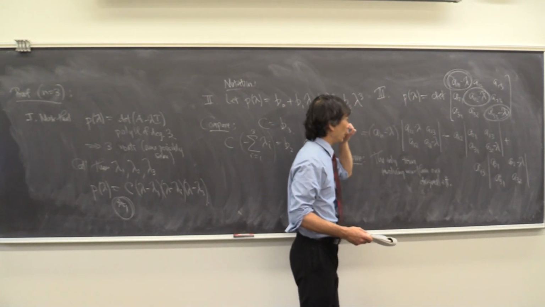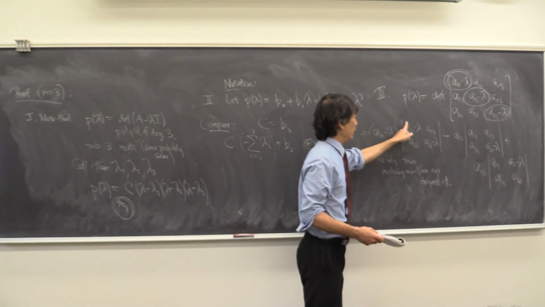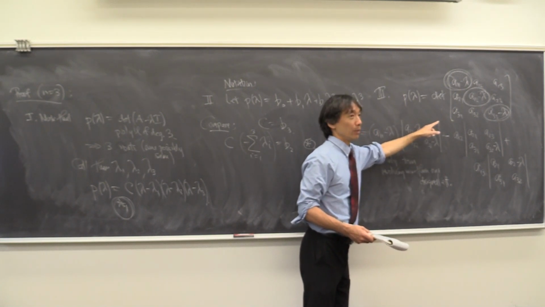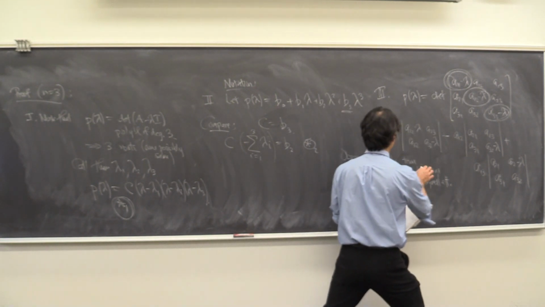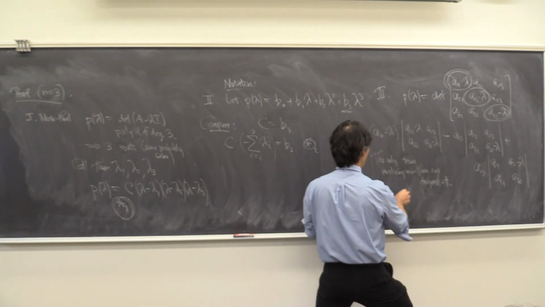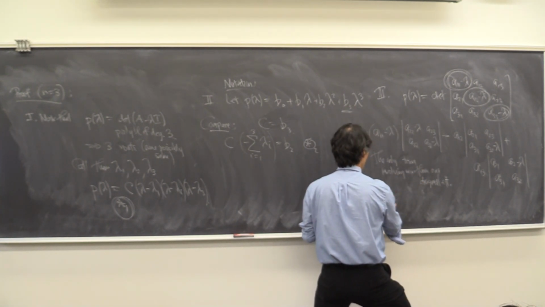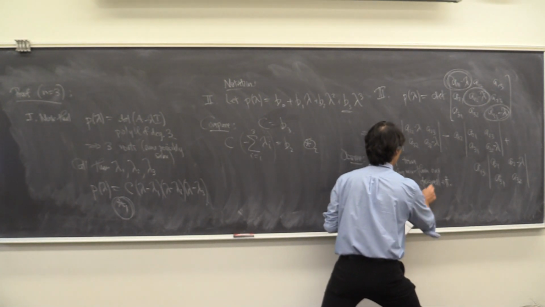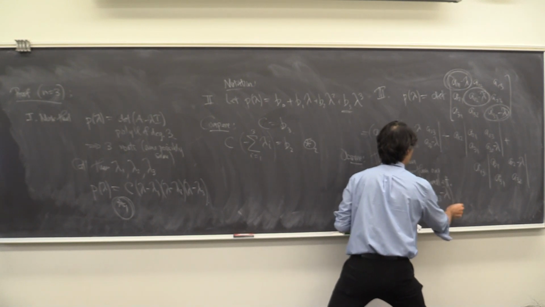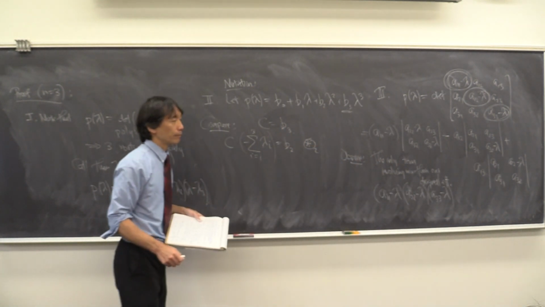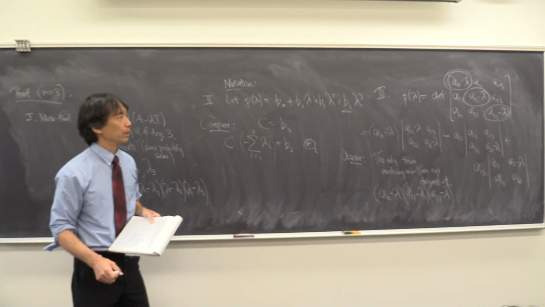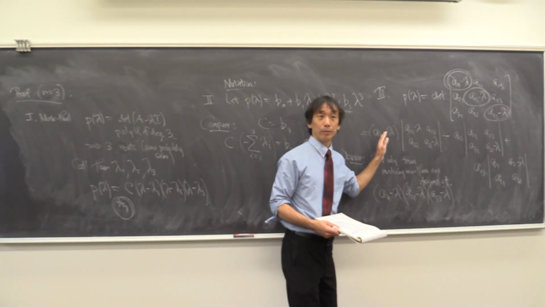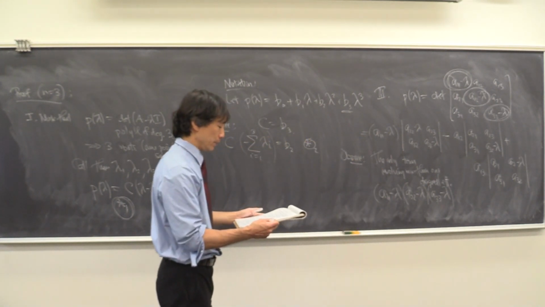The only way you can get more than one diagonal term is this first thing here, this guy times this thing. So when we expand this all out, the only term that involves more than one diagonal element is A11 minus lambda times A22 minus lambda times A33 minus lambda.